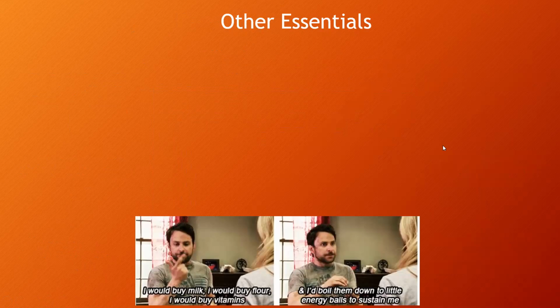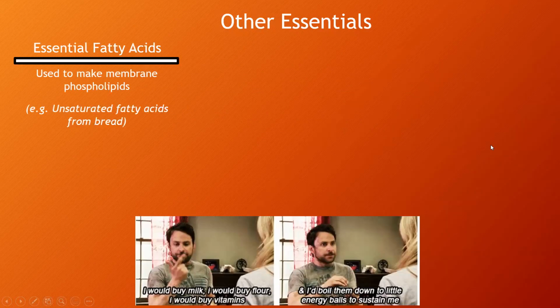And so these other essentials that we have are essential fatty acids. So if you remember, we have those plasma membranes, those phospholipid membranes covering all of our cells that we need to protect ourselves from the environment, to keep ourselves within that space, that homeostasis, that appropriate environment. And so we need more fatty acids in order to produce this.